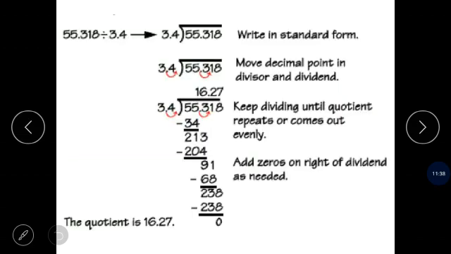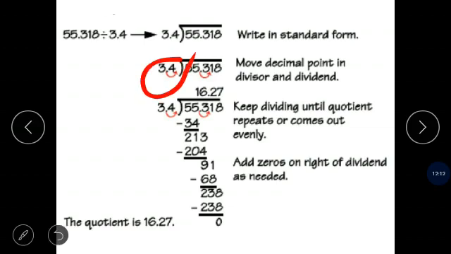Now see, as you can see, 55.318 should be divided by 3.4. So write it in standard form as you normally write. Now what you have to do is move the decimal point in the divisor and dividend.